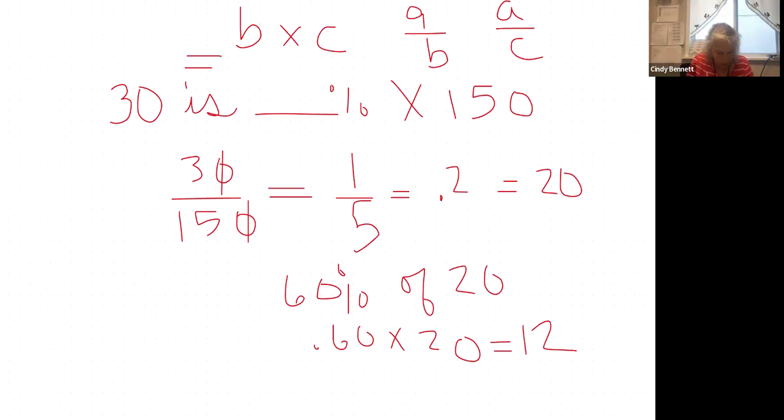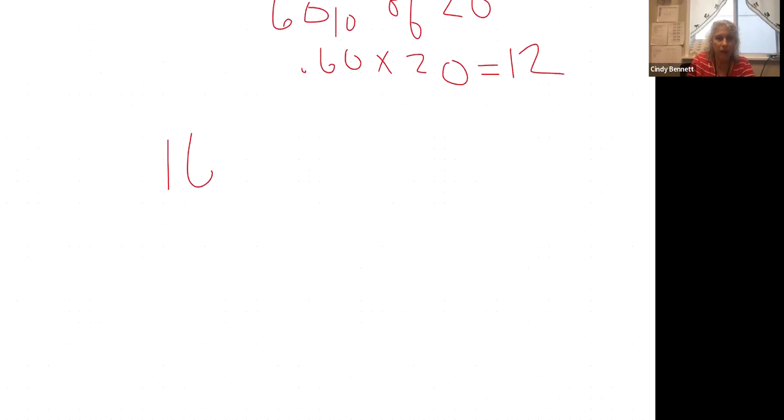And then you have another style where it says the 8th grade class saw 32% of increase in the last year. And if there were 16 more students this year, how many were there last year? So in this case, you're going to fill in the first one, which is 16, is, and you also have the percent, which is 32%, and you have the third piece missing. So you're going to divide 16 by 0.32.